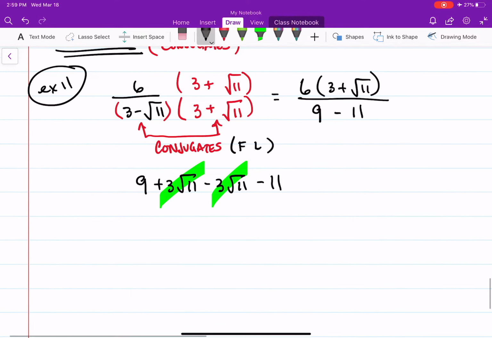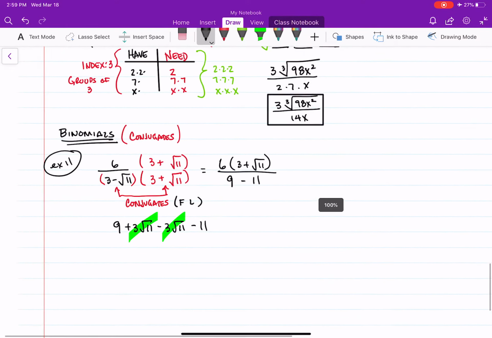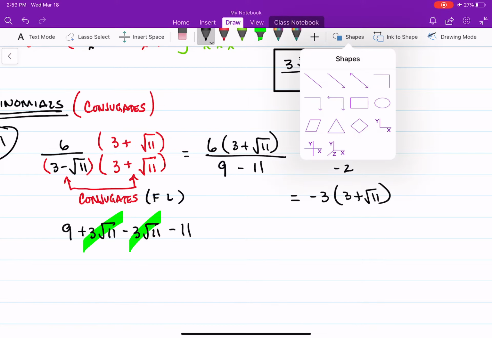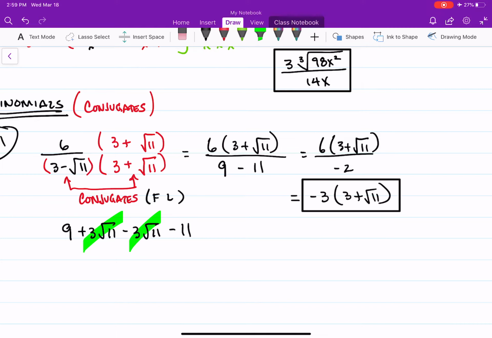All right, so this right here would equal 6 times 3 plus square root 11 over negative 2. Ooh, look, that reduces. So it's actually going to be negative 3 times 3 plus square root 11. And there you go. There is my answer.